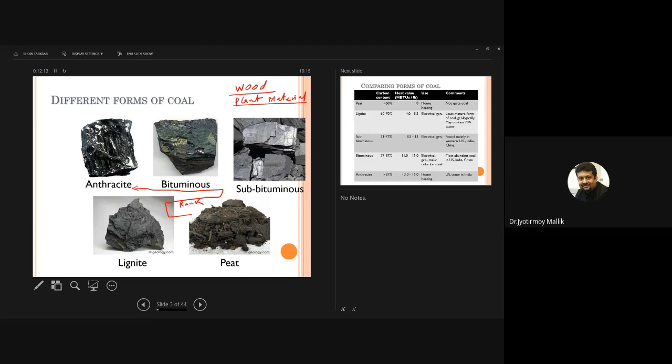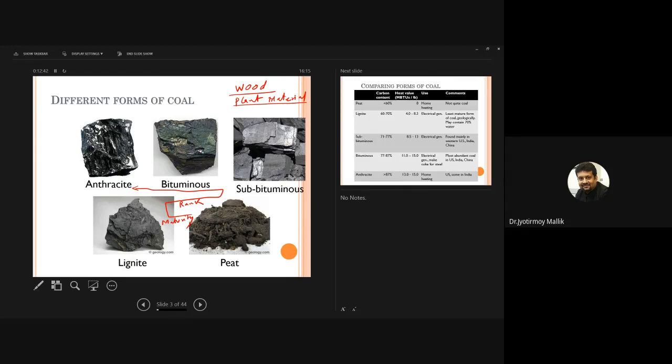So the maturity of coal is increasing. Okay? The other way of expressing it is that the maturity is increasing. And we will see the different physical and chemical processes that it goes through while it transforms into lignite. Lignite transforms into subbituminous, subbituminous to bituminous, and then anthracite.